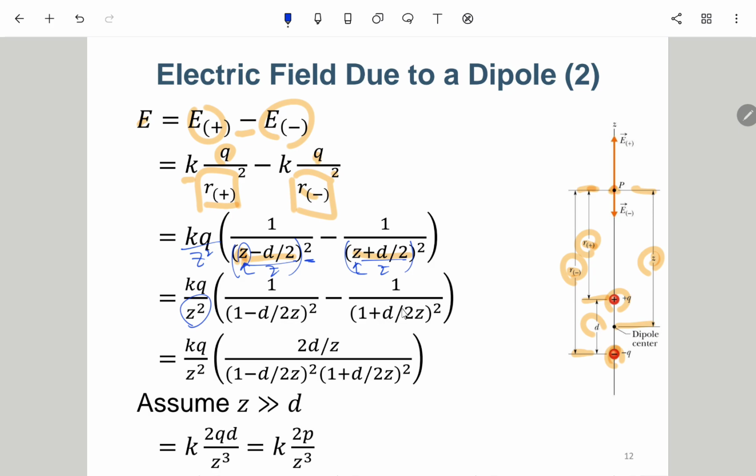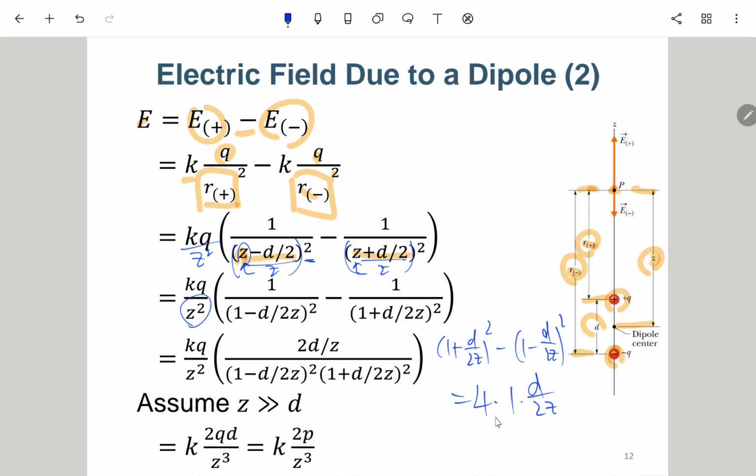Subtracting this one by that one will be 4ab. 4ab will be 4 times (1 plus d over 2z) times (1 minus d over 2z), something like this.